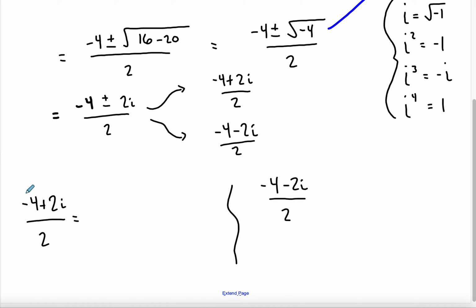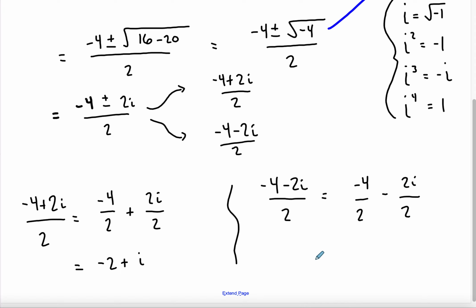When we have two terms on the top separated by addition or subtraction, and one term in the denominator, we can split this. -4 over 2 plus 2i over 2, -2 plus i. Similar here, -4 over 2 minus 2i over 2, and we're left with -2 minus i.